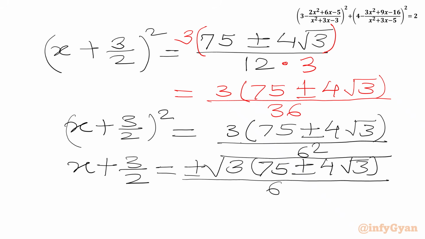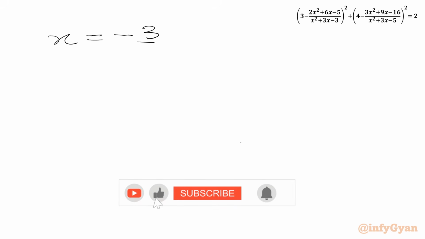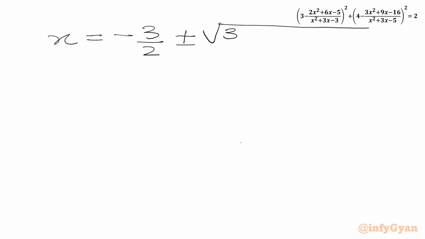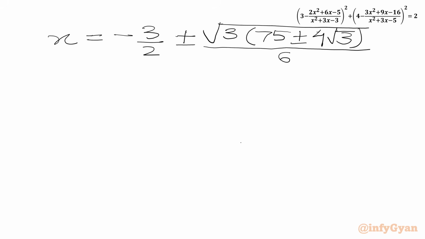So we will write x equal to minus 3 over 2 plus minus square root of 3 times in the bracket 75 plus minus 4 square root 3, and in denominator there will be 6.